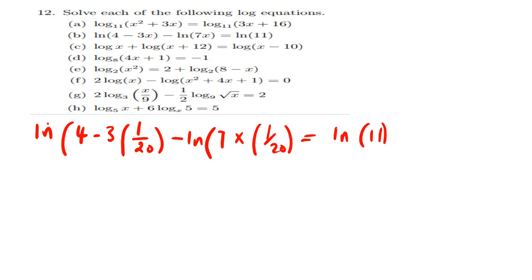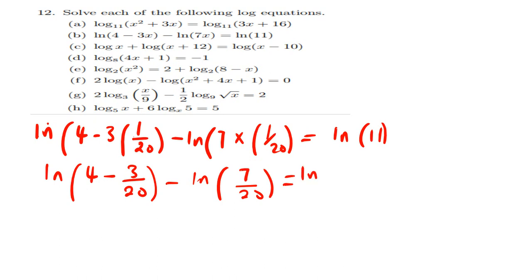So what do we do? 3 is multiplying, so I'm going to have natural log of 4 minus 3 multiplied by 1 over 20. Okay, we've got this expression. On the other side, we have natural log of 7 over 20, is equal to natural log of 11. Now how are we going to solve this one?